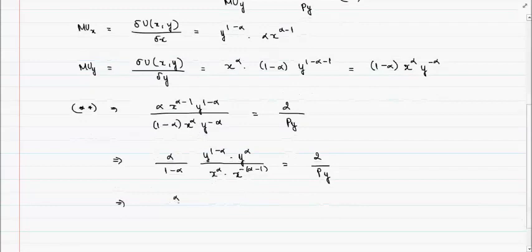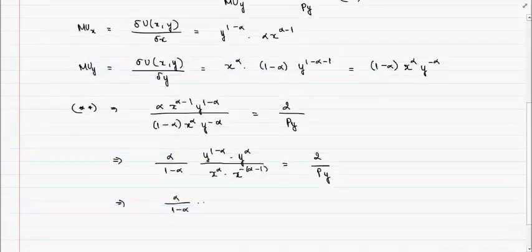So what I have here is alpha on 1 minus alpha. Over here I got y to the power 1 minus alpha plus alpha, which is applying just the power rule, and over here I got x to the power negative alpha minus 1, equal to 2 on py.